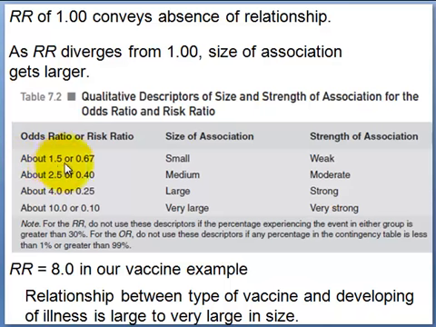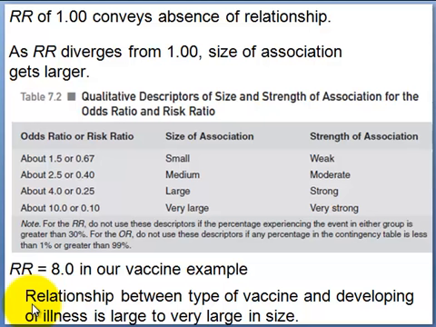A risk ratio of about 1.5, or its reciprocal, 0.67, conveys a relationship that's small in size, and if you get a risk ratio of about 10, clearly that's conveying a very large association between 2 variables. The risk ratio in our example was 8, which is in between the guidelines for large, which would be 4, and very large, which would be 10.